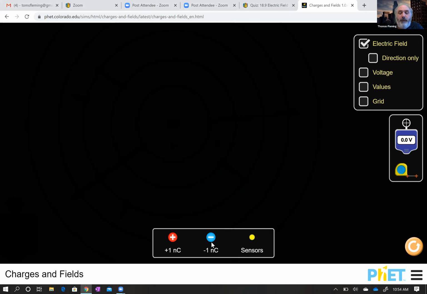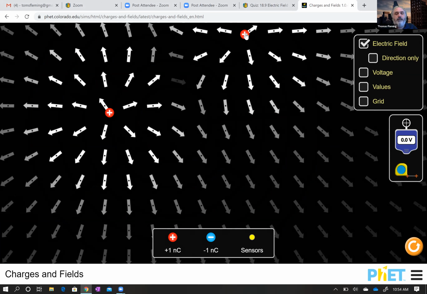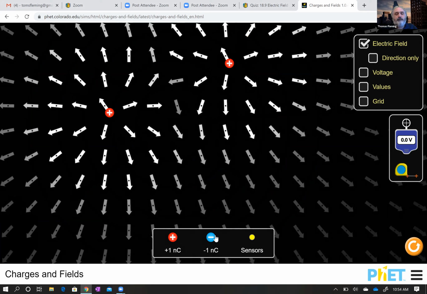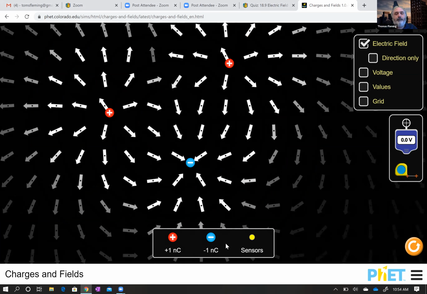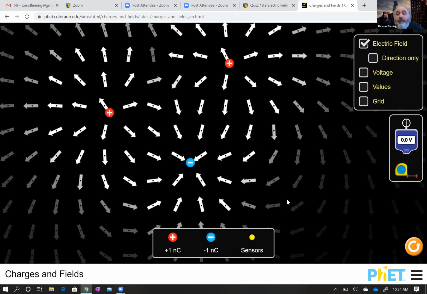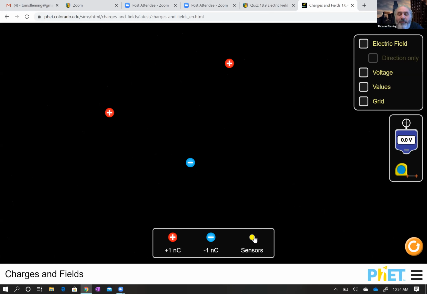What if I have more than one charge? So now my electric field lines are super complicated, right? They're starting on the positive, but ending on the negative. That's nasty and ugly. But that also means that my electric fields and electric potentials are more complicated, right?